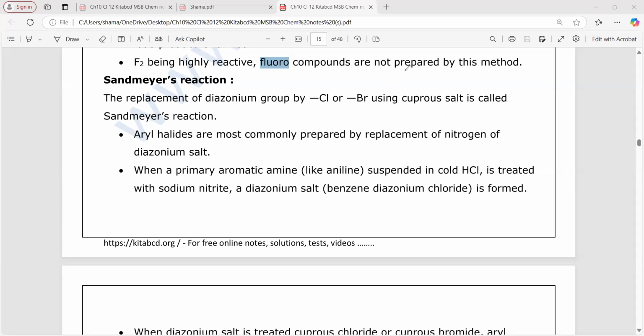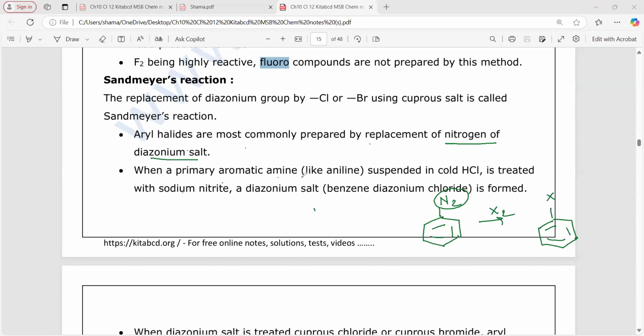Aryl halides are most commonly prepared by replacement of the nitrogen of a diazonium salt. Means if an aryl group has N2 attached, that can be easily replaced with a halogen and you will get your aryl halides.